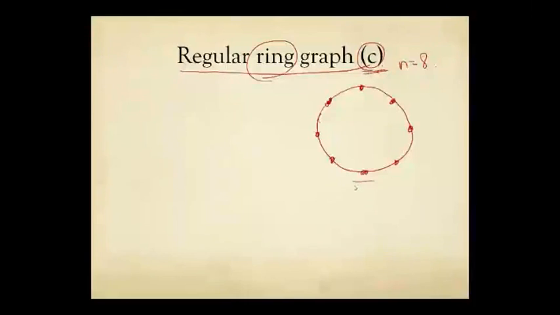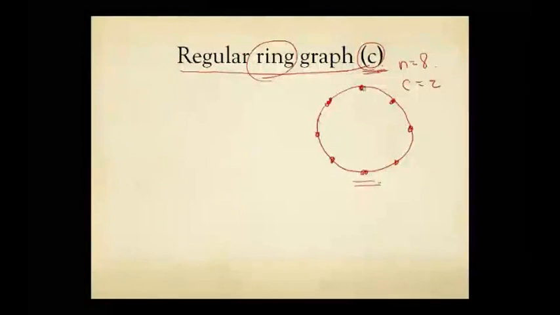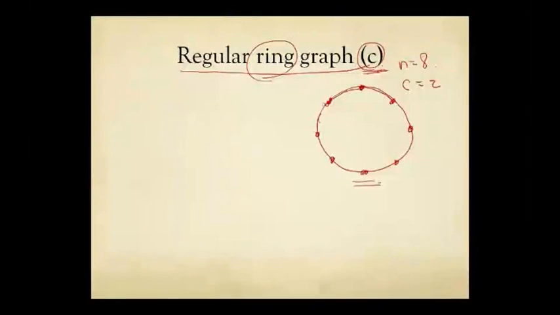Given this is a regular graph, you can rotate however you want, it still looks the same. This is basically the degree for all the nodes. Now in this particular ring graph, c is 2, because for each node there are 2 neighbors. The degree is 2 for everyone.